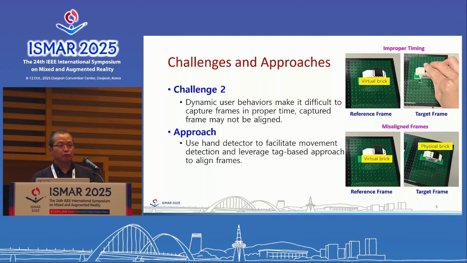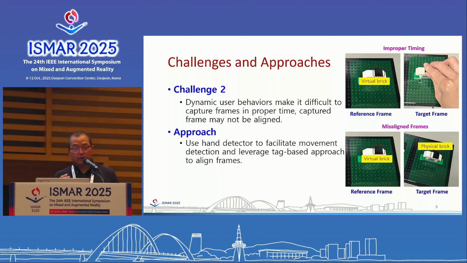But if we capture the frame too early, we capture it with the human hands in it, right? So that's not what we want. And if we capture it too late, it will affect the end-to-end latency performance. So for that, we developed a lightweight hand detector to facilitate hand movement detection.